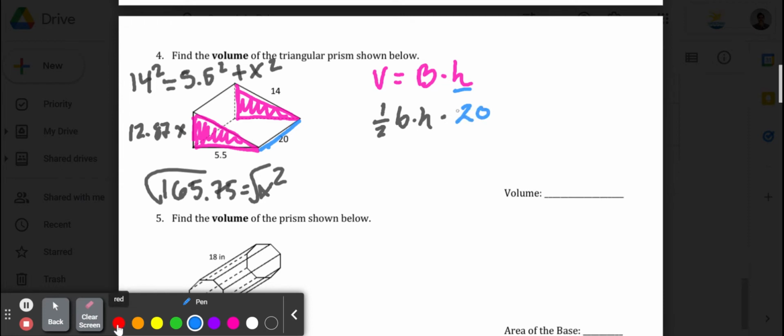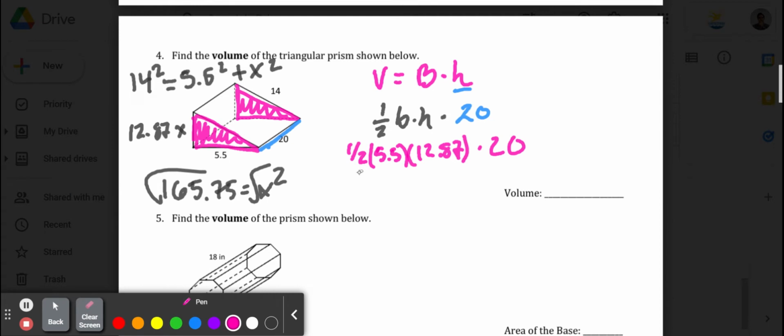Okay, so the base of this triangle is 5.5, so you're going to go 1/2 of 5.5 times the height, which is that 12.87, and then multiply it by that 20. So basically we just multiply all these numbers together, and that's what I'm doing right now.